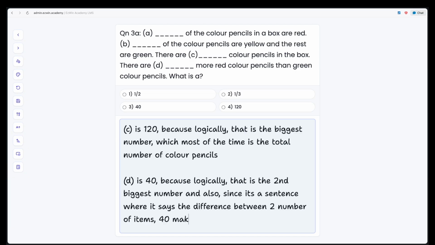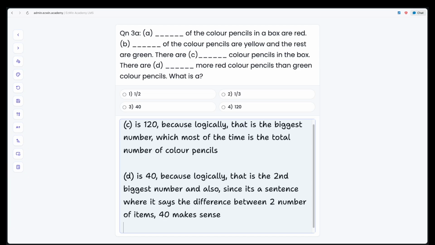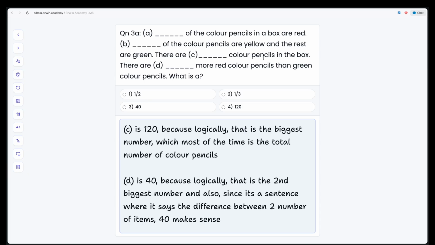That's how I usually do it. So there are 40 more red pencils than green pencils. There are yellow pencils as well.